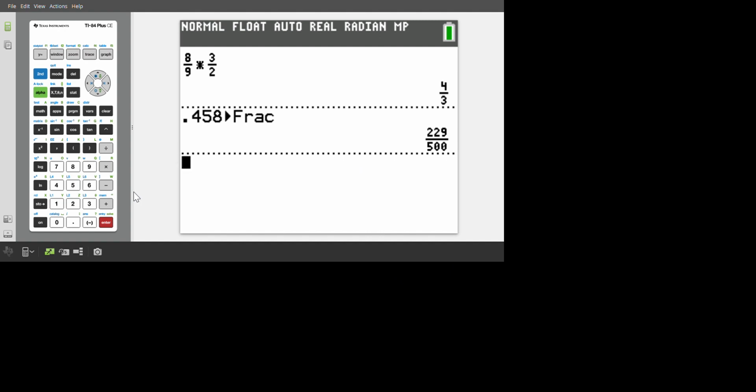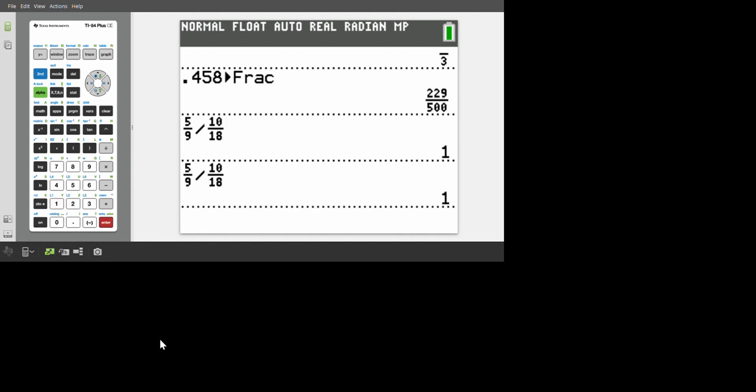Now, the next thing we can do is we can also divide fractions. If we set the fraction up with the fraction setup here, alpha x, which gives you the fraction or number over fraction, I can do 5/9, divided by the other fraction, and we will do 10 over 18.